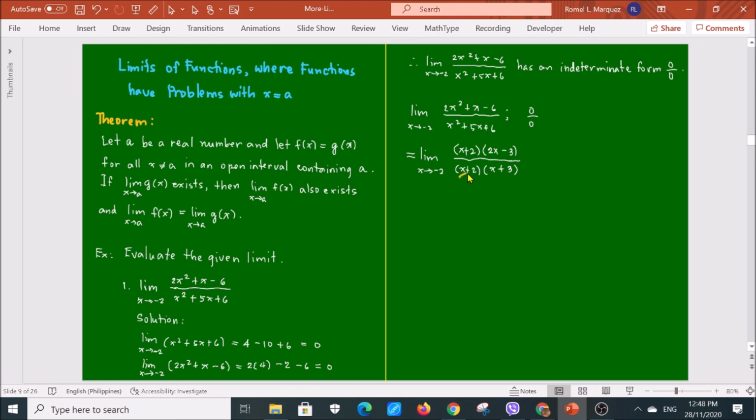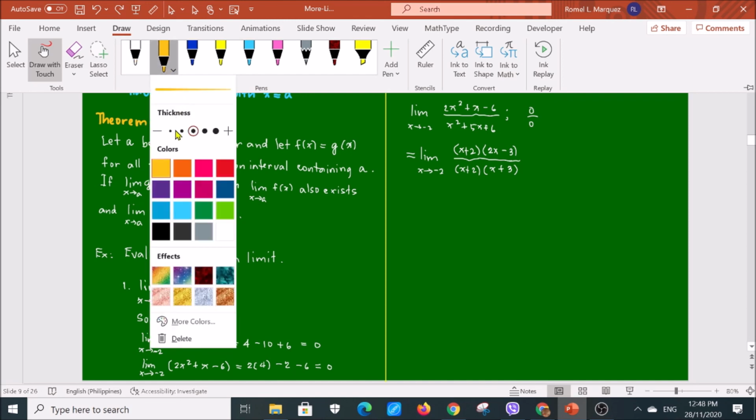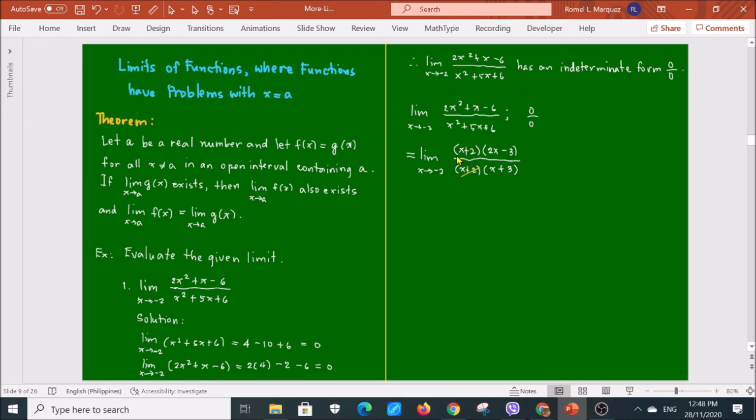From which we can now cancel. We are allowed to cancel x plus 2 because x is not equal to negative 2. Remember, x is just approaching negative 2. They are not equal, x is not equal to negative 2. So we can cancel that and obtain another function simpler than this, but whose limit is obvious.